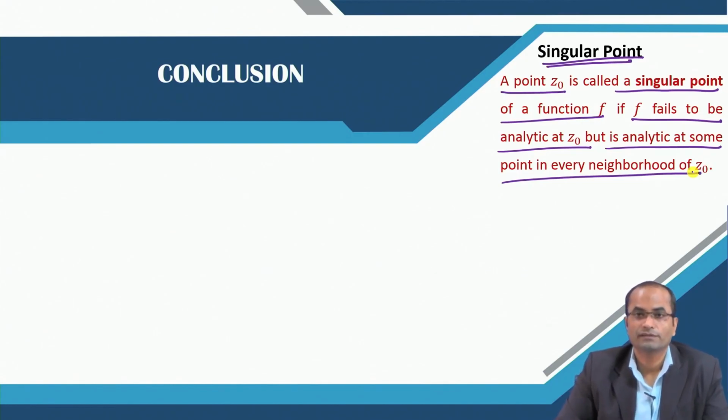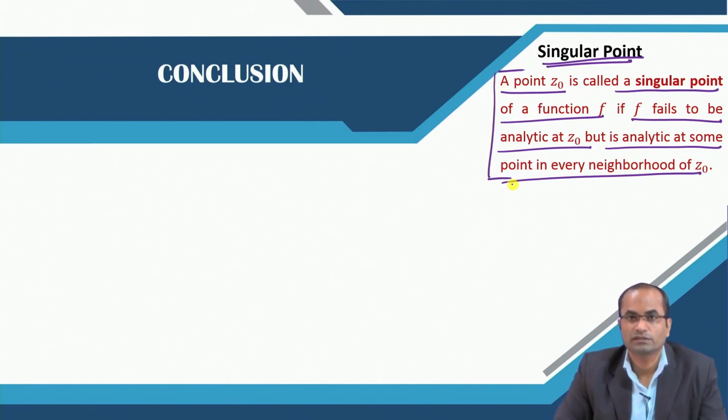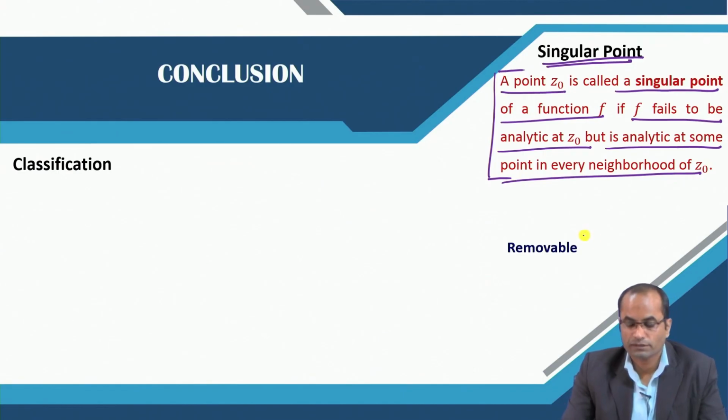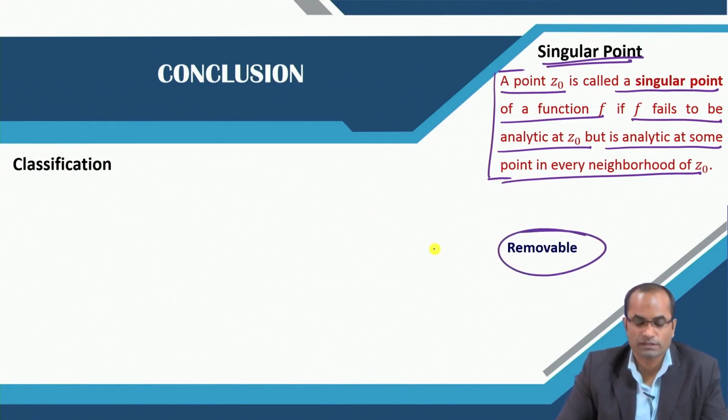The example we have seen, |z| squared, can be explained with this definition, that |z| squared has no singular point. Then we discussed the classification, and the first was the removable singularity.